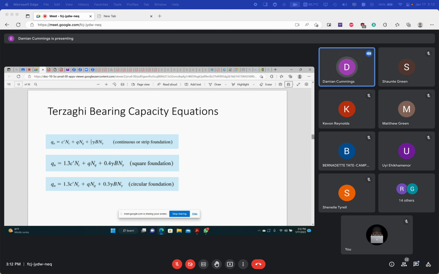For square foundations, say like a pad, it is 1.3 times our cohesion times our bearing capacity factor Nc plus q.